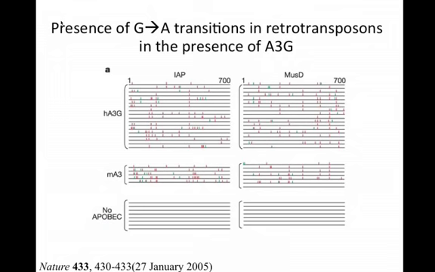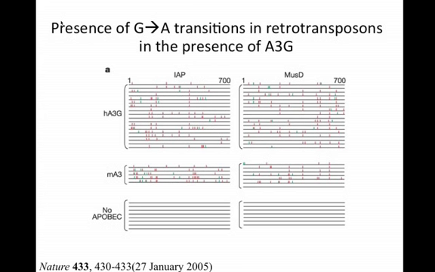So in 2005, there was a really great paper where they actually sequenced two different retrotransposons, IAP and MusD, in the presence and absence of APOBEC proteins. And they looked at APOBEC3G and mouse A3.